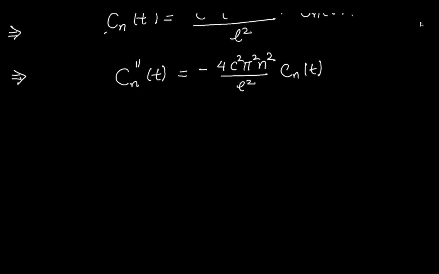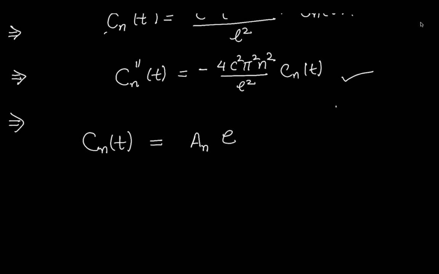And if I solve that for each n, I'm going to get c_n(t) equal to A_n, because for each n this is a second order ODE in t, e raised to power r t.